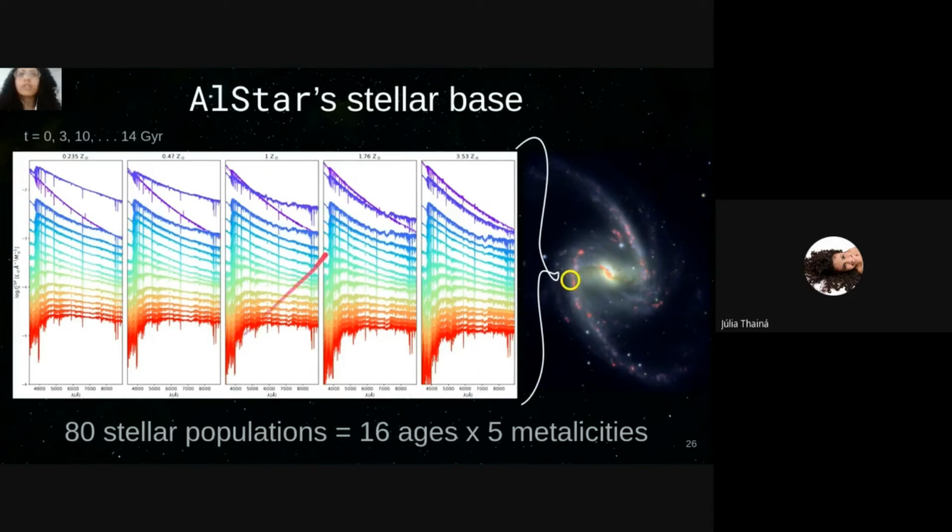Here, in this plot, we have the All-Star stellar base with 16 ages, starting at 0 until 14 giga-years, and 5 metallicities, starting at 0.2 solar metallicities until 3.5 solar metallicities, a total of 80 stellar populations.